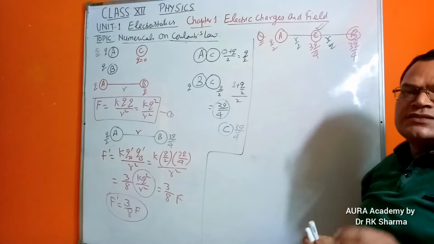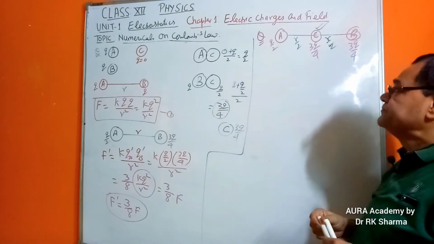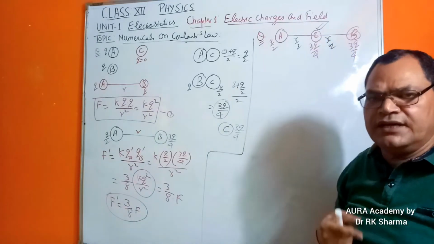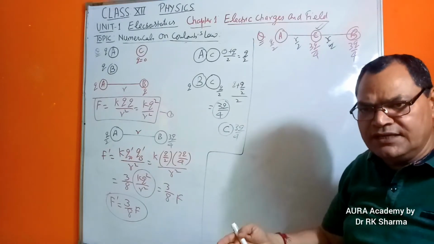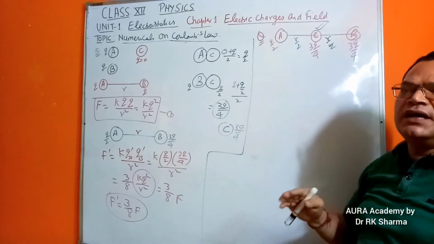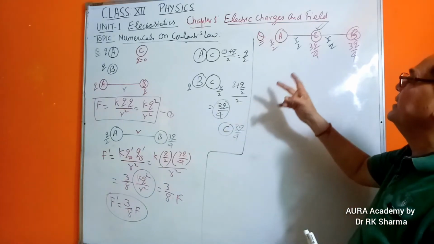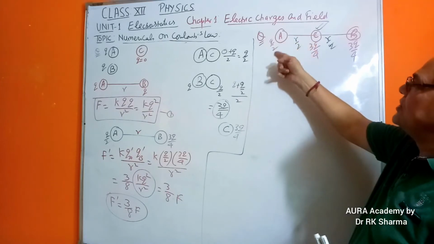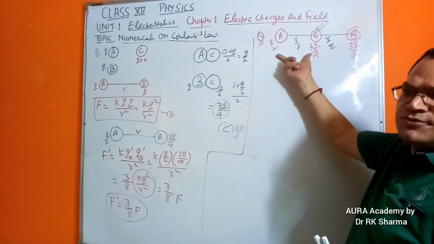Please remember, this is a very important statement. Please note down. The point where force is to be calculated is either being repelled or attracted by the other point charge of that pair. Suppose we have to find out the force between these two. This is the charge, this charge, no doubt. Both of them are positive. There is a force of repulsion.